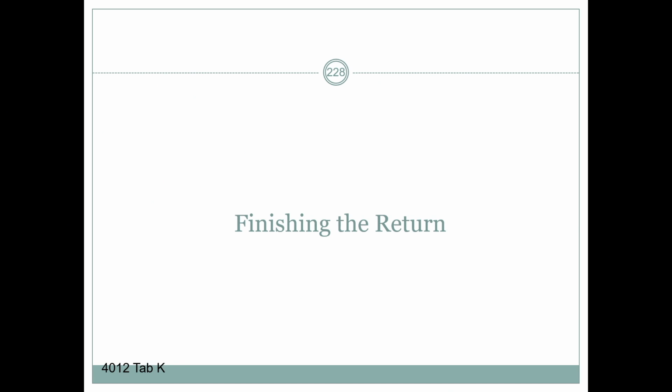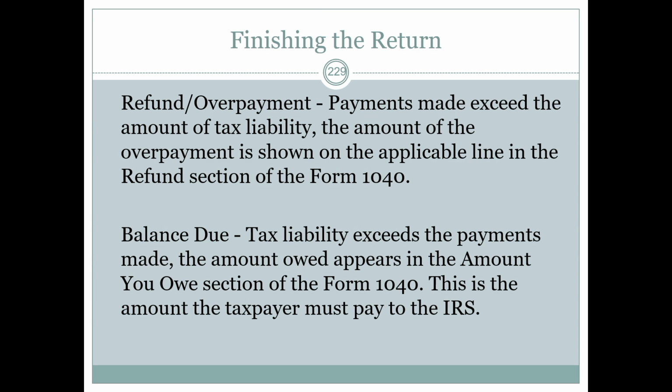In tab K of the 4012, we're going over finishing the tax return. Once we have input all of our tax information, tax documents received from the client, any deductions or credits that are applicable to them, as well as any other taxes, it then determines if there is a refund, which is also known as an overpayment.